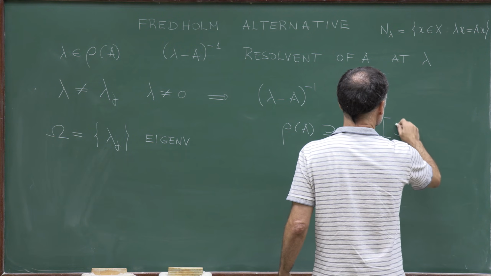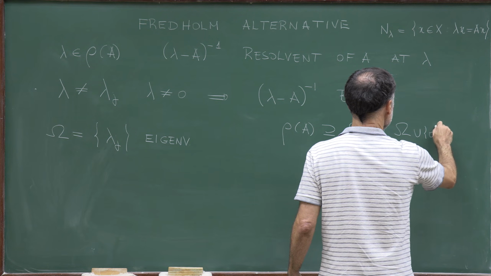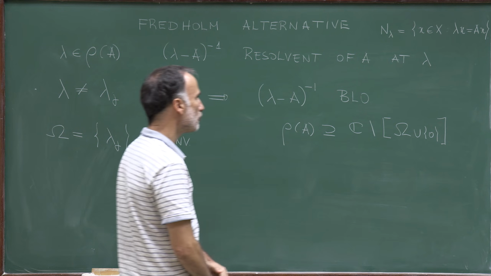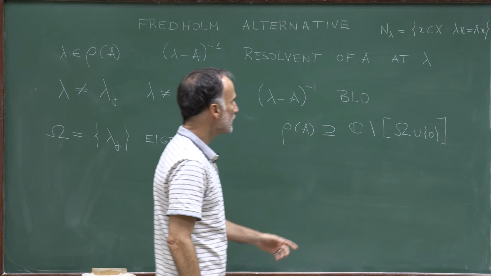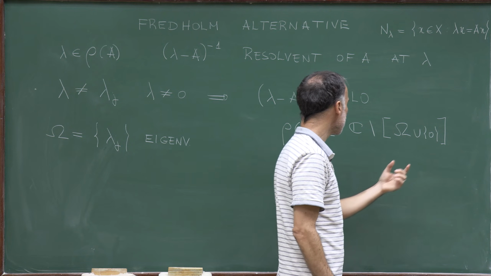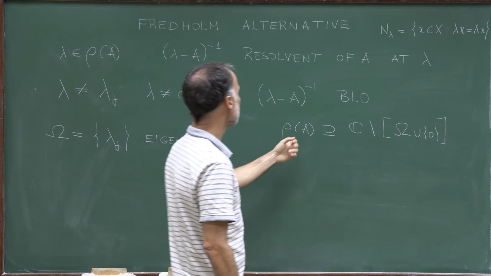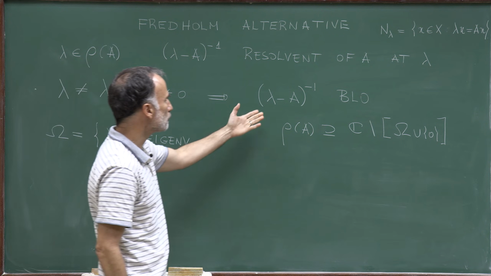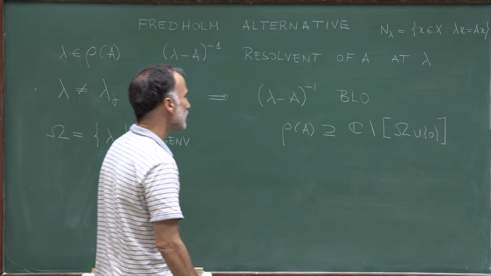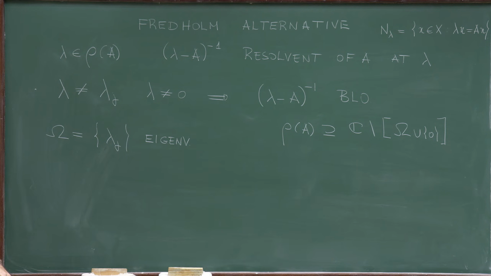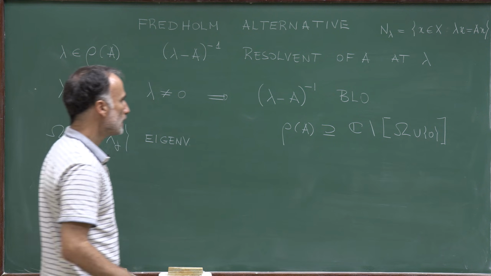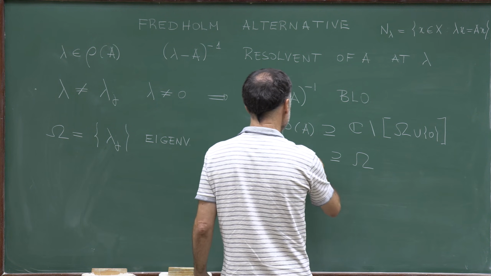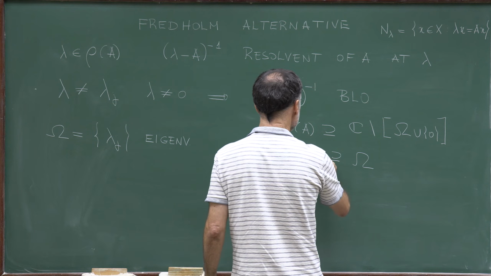So if, just to make sure, I add 0 to the set of eigenvalues, then any point in the complement of this set belongs to the resolvent of A, because we proved that lambda minus A in this case has a bounded linear inverse. So this always holds. Now I claim that omega is contained in the spectrum of A.